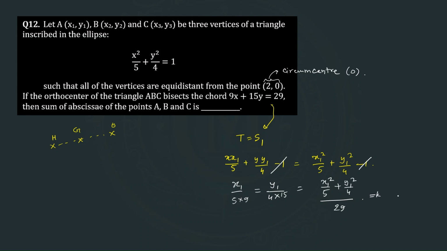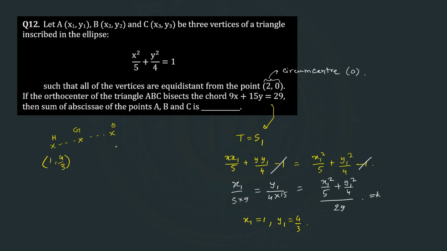So x1 will be 45k, y1 will be 60k, and if you solve these equations, you will get x1 equal to 1 and y1 equal to 4 by 3. x1, y1 is the coordinates of the orthocenter of this triangle ABC. So the coordinates of H are 1 comma 4 by 3.